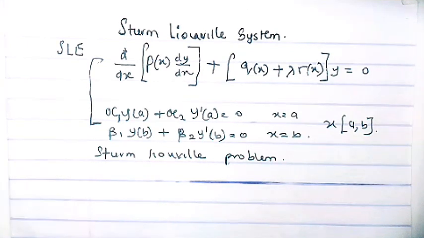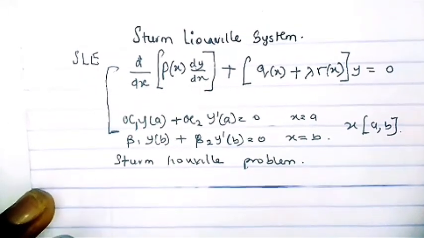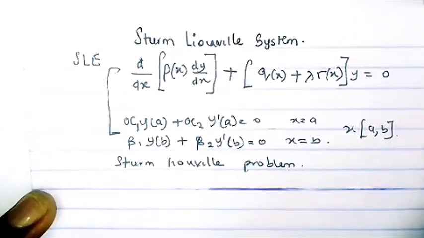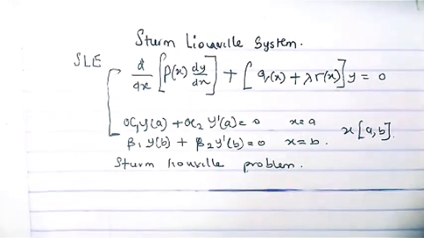Eigenvalues are those values that we assume, values in which we tend to give a particular range, which helps us to solve the Sturm-Liouville problem given, then we get our eigenfunction.